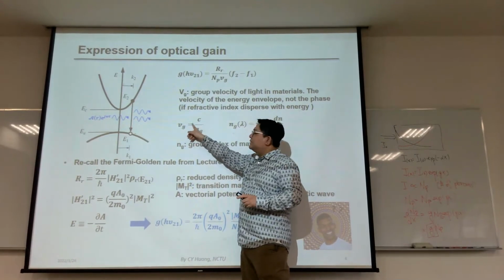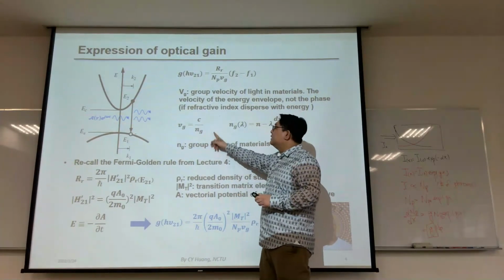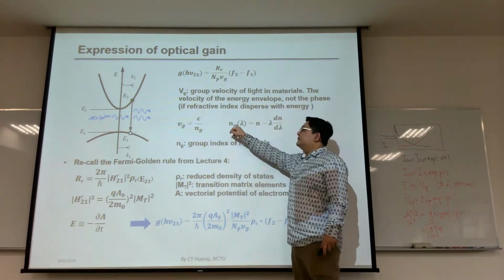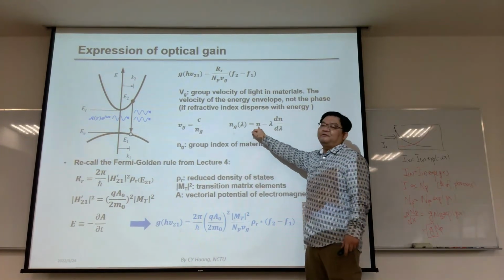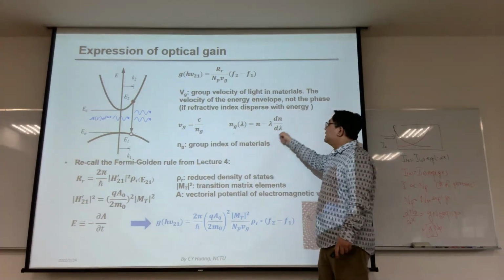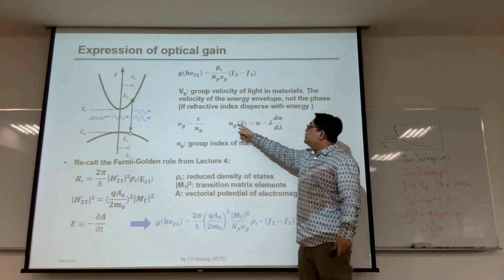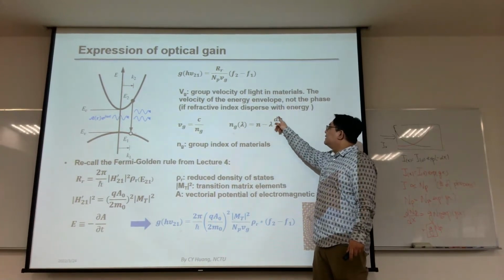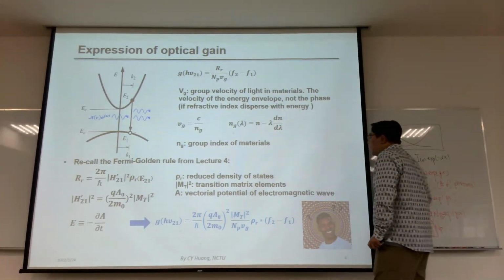Its relation to the speed of light is normalized by the group refractive index. The expression relates to the phase refractive index, written down as follows: Ng is n minus lambda dn over d lambda.